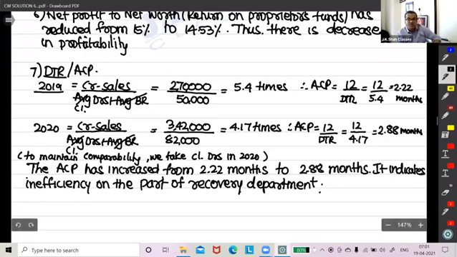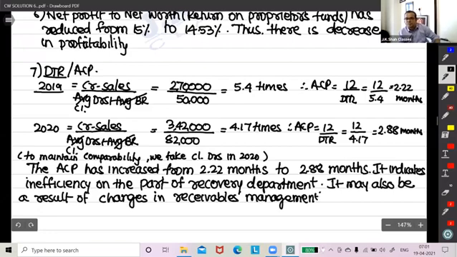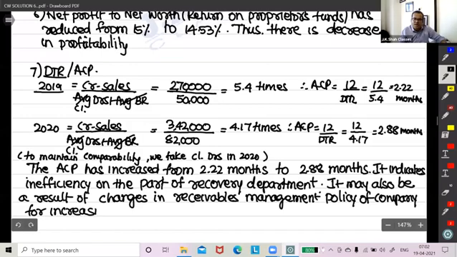Yeah, but see, that's not all. See, you can always write, it may also be a result of changes in receivables management policy of the company for increasing sales.